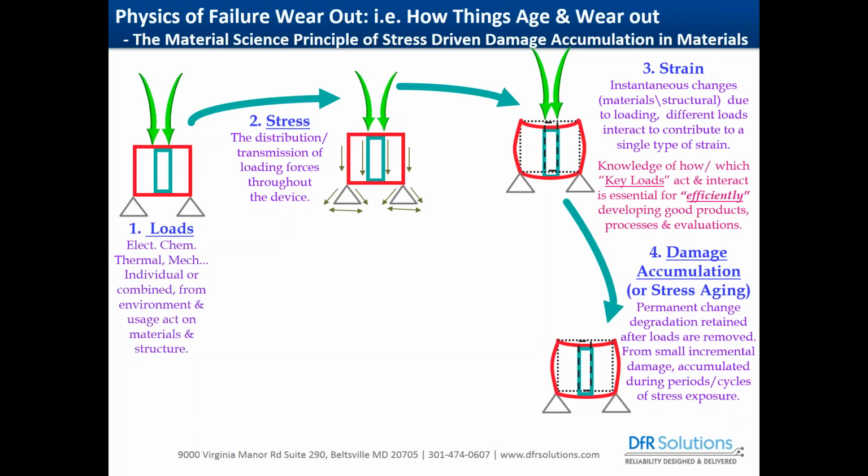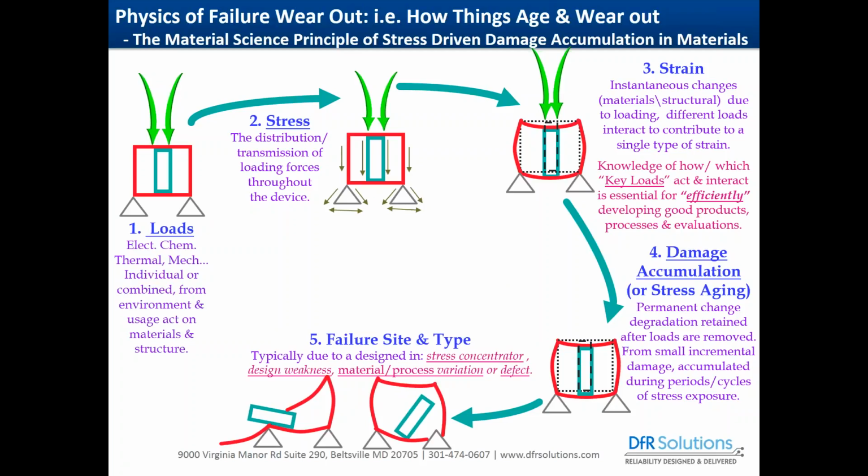When you apply a load to something, it initially is stressed and strained, but when you remove the load, it does not come back to 100% where it was at the beginning. So it might be 99.9999999% of its original condition. And then you provide another stress cycle or another hour or so or day or so of stress exposure, and now it's 99.99998%. So that's what we call damage accumulation caused by plastic deformation as the materials in our electronic products are loaded and stressed and strained.